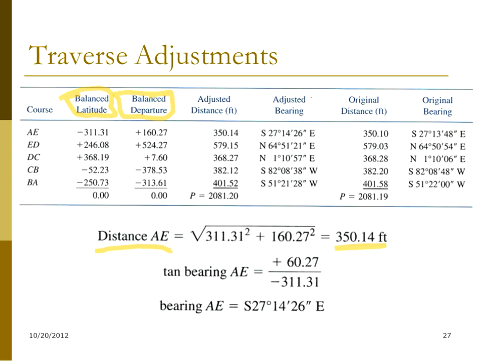So once we've made that correction, we can adjust the actual distance of each of our segments. We can then also adjust our bearings or azimuth. And here's the comparison between the original and the adjusted.